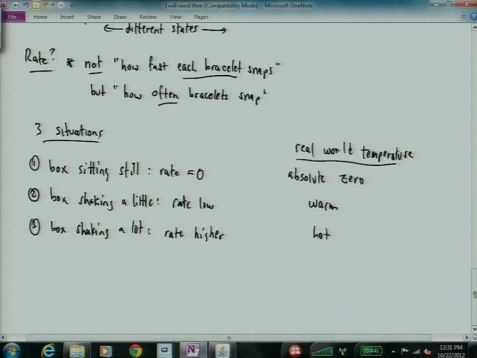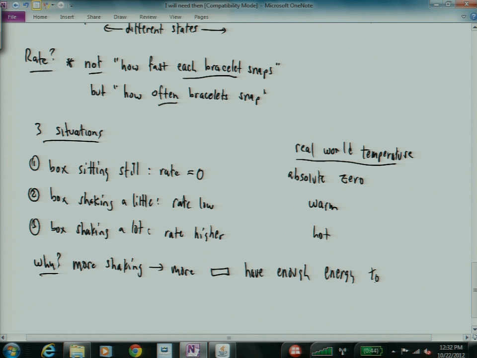And why does that happen? More shaking leads to more straight ones having enough energy to kink and then snap, which leads to a faster rate.